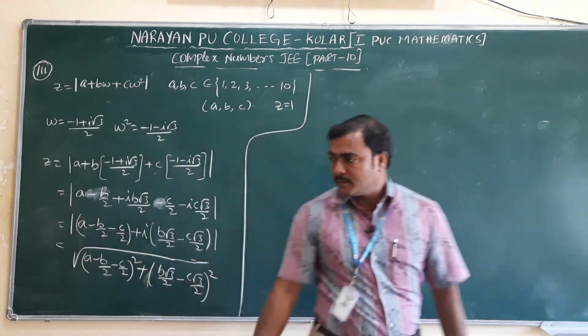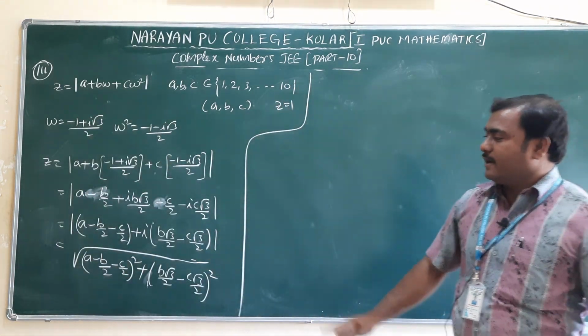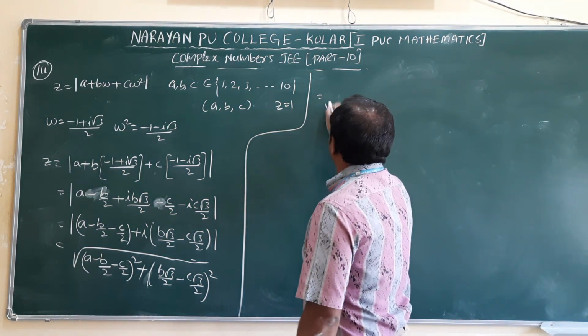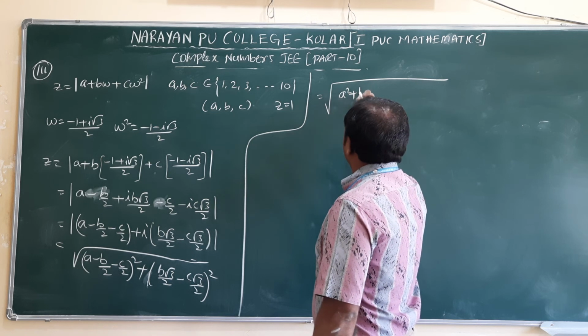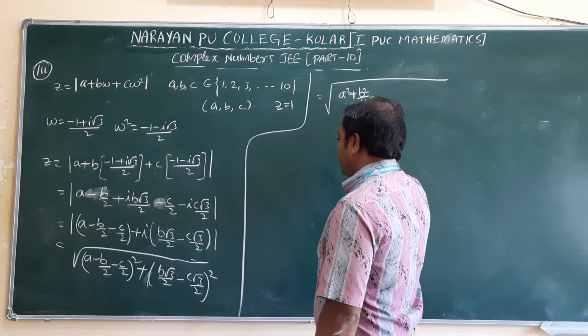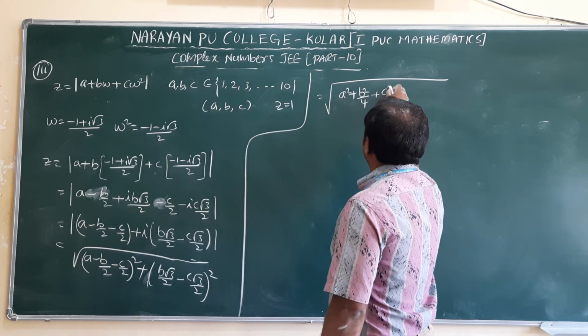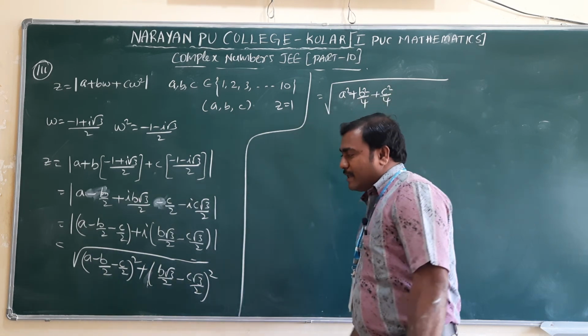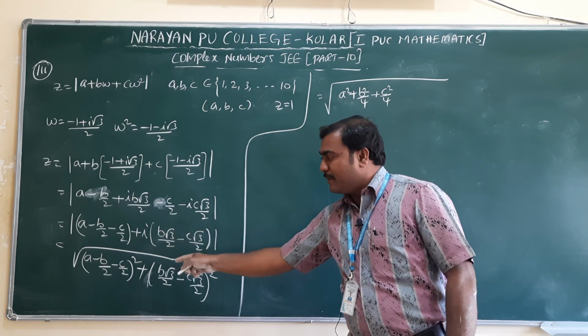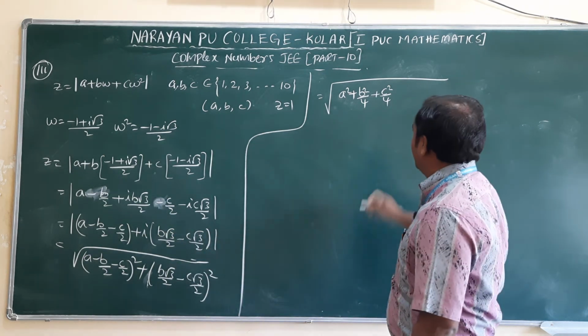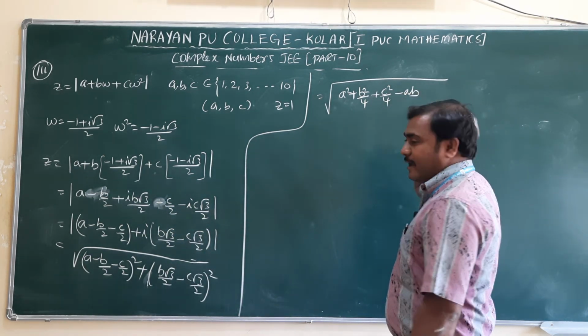Applying the (a plus b plus c) whole square expansion, we get square root of a square plus b square by 4 plus c square by 4 plus 2ab, that is 2 into a into minus b by 2, the 2 cancels, remaining minus ab.